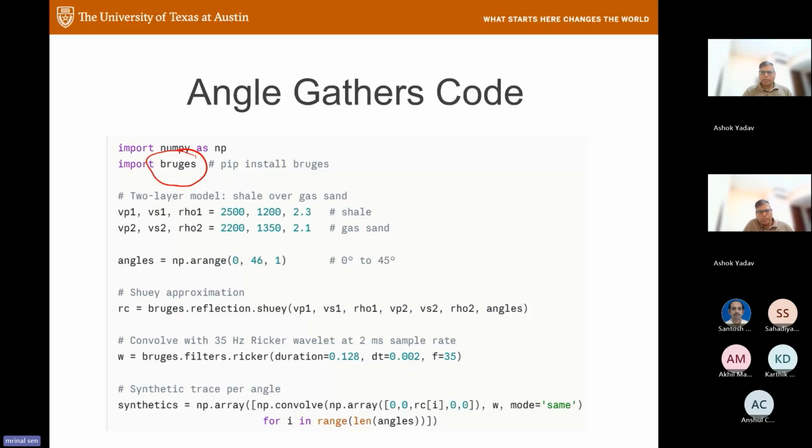So for example, Thomsen, all those functions are already given there, Rüger and all that. And they may even have codes for generating synthetic seismograms. So feel free to use those rather than writing your own. But I think at some point in your lifetime, you should try to write code so that you are able to appreciate every term that goes into your code. Okay.